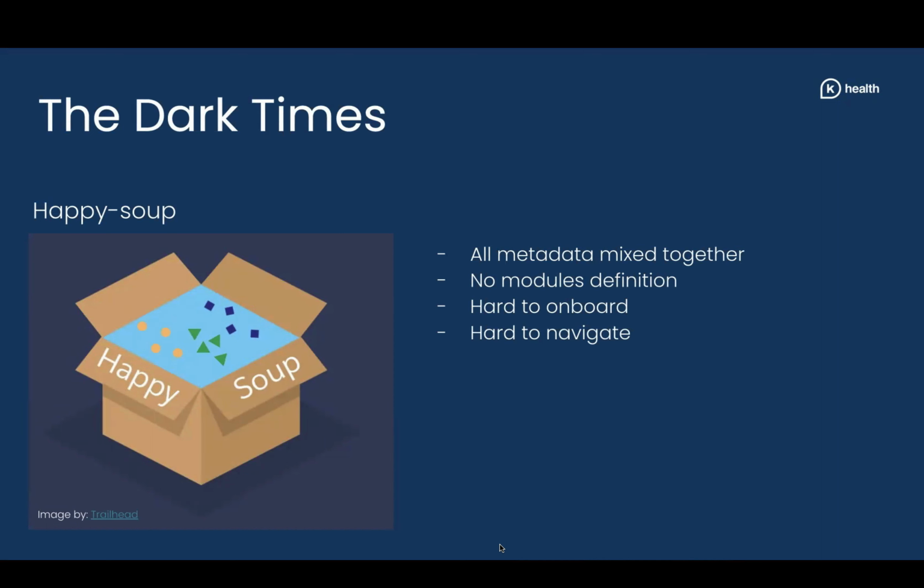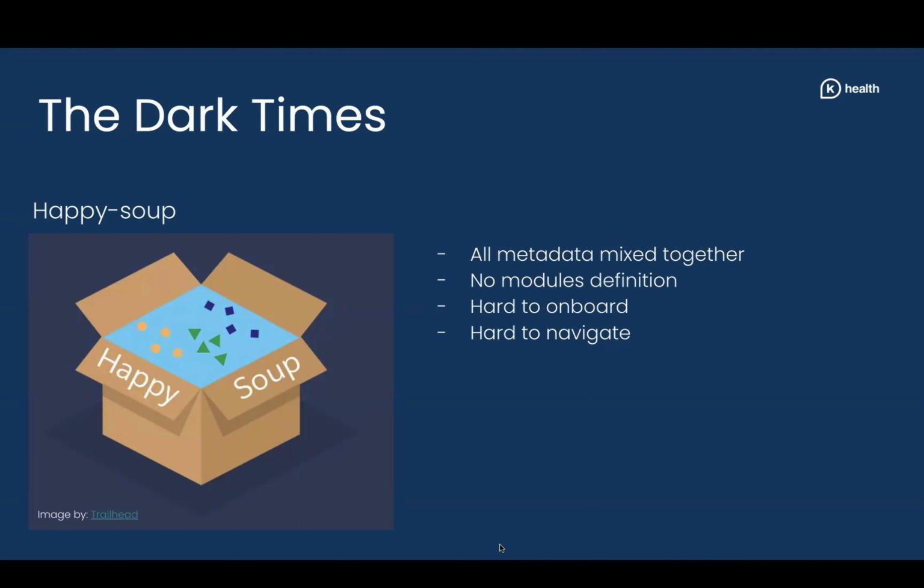At the very beginning, we had a pretty standard Salesforce org, with what I call happy soup: completely mixed together, classes, objects, fields, everything. No modules, no differentiation, a complete mix. It's hard to maintain such an org, especially if goals are super high.